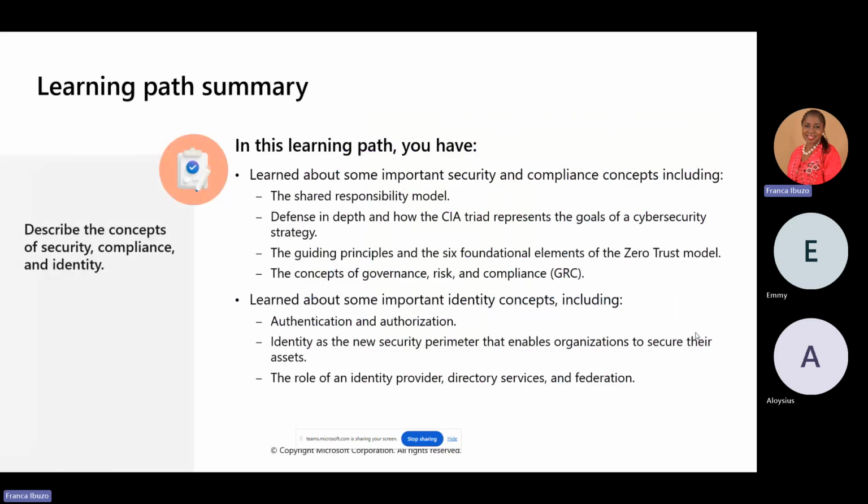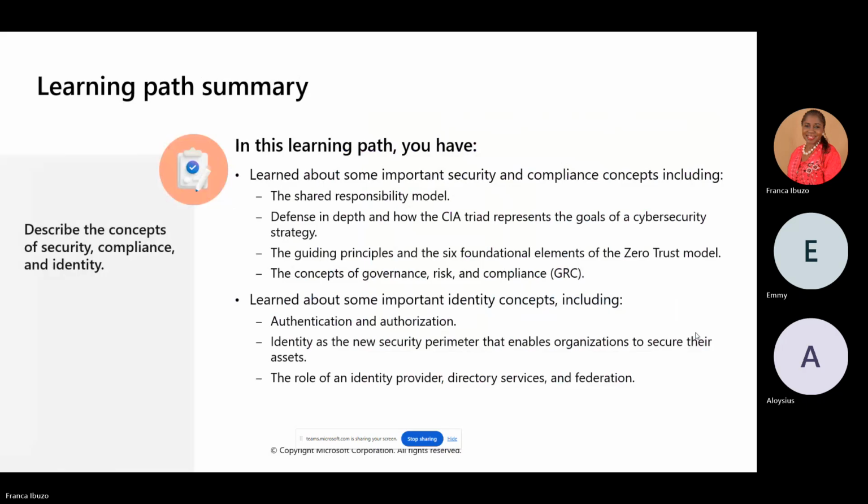Can somebody remind us what CIA stands for? Confidentiality, integrity, and... Is it compliant?